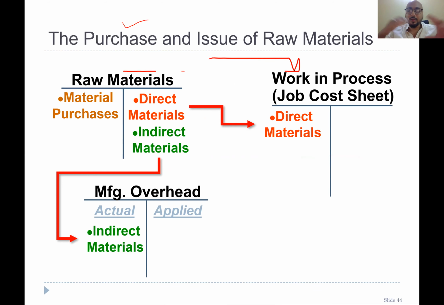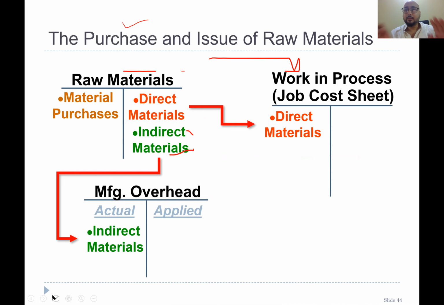So they are processing the raw material and converting that into finished goods. Some material is also going to manufacturing overhead as indirect material, like grease, that cannot be traced easily. So we call this indirect, and that will go to the manufacturing overhead, right?